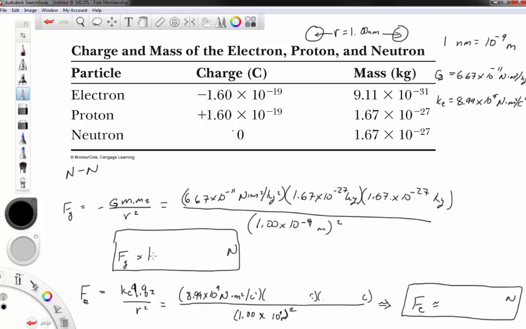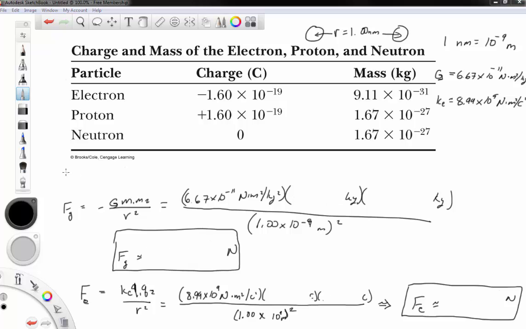So again, that was 1.86 times 10 to the minus 44 newtons. For the electric force, though, we have to use the charge of a neutron, and it has a charge of 0, so the electric force between two neutrons should be 0. So in this case, the gravitational force is the greater.